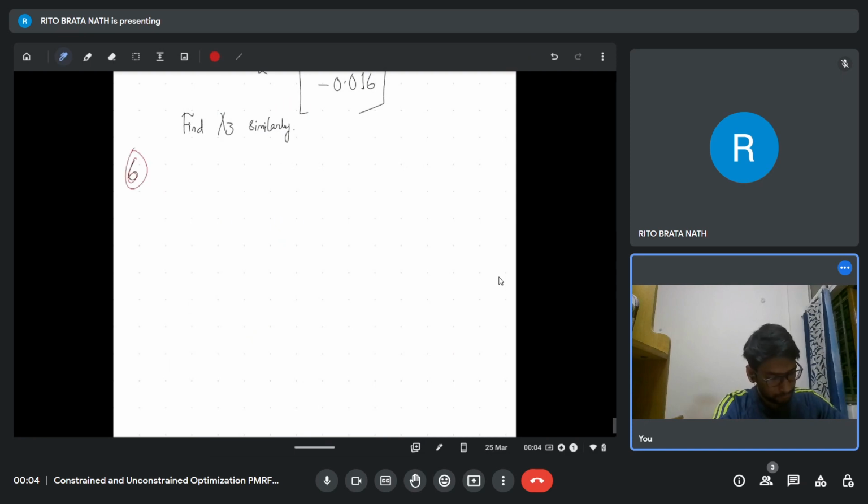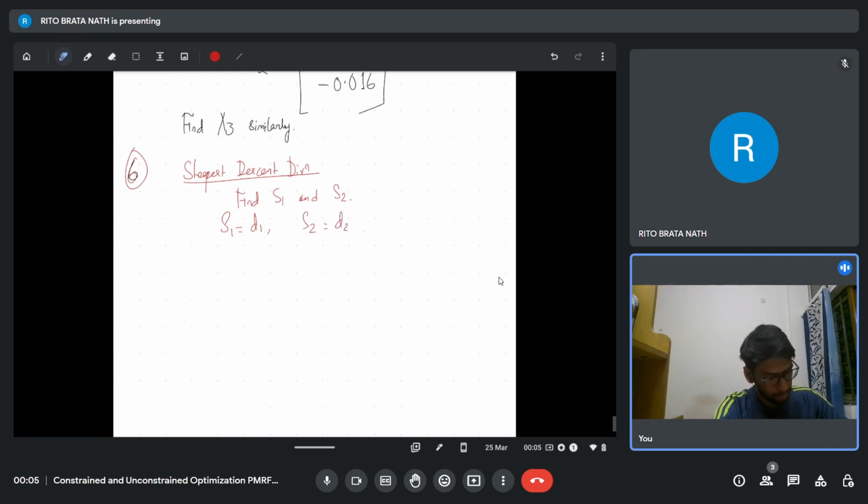In the sixth problem, steepest descent directions. So find, say, S1 and S2. There could be multiple correct answers. So here it's S1 equals D1, S2 equals D2.